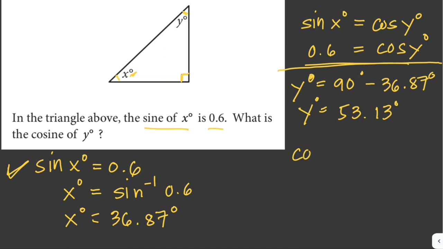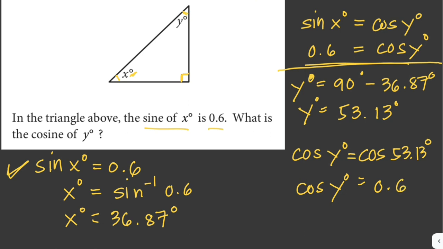And now we can solve for cosine y, which is just equal to cosine of 53.13. So cosine y is just equal to 0.6. So the answer is just the same.